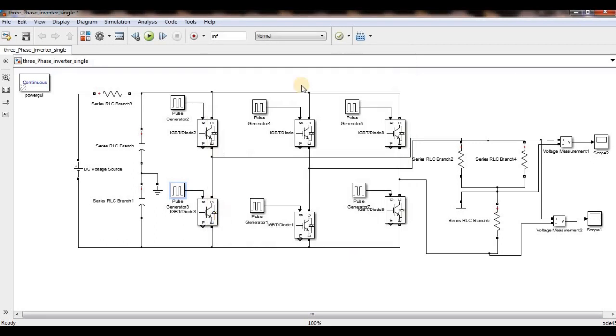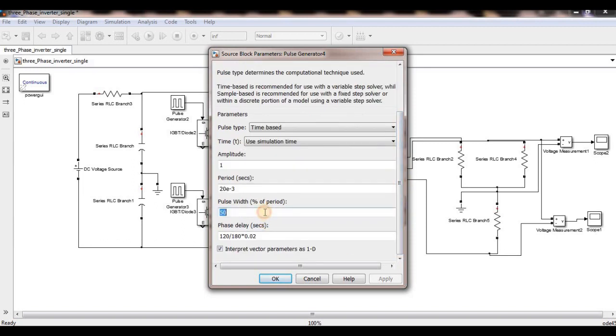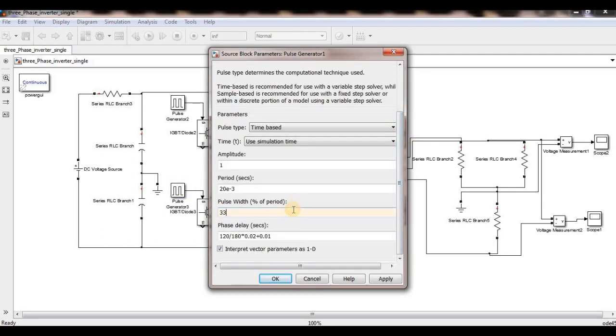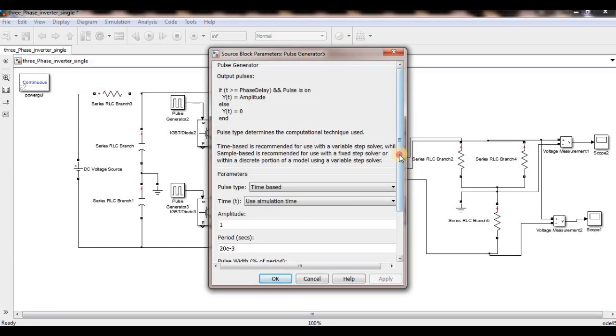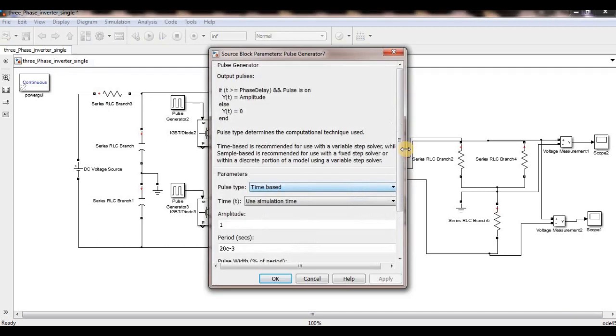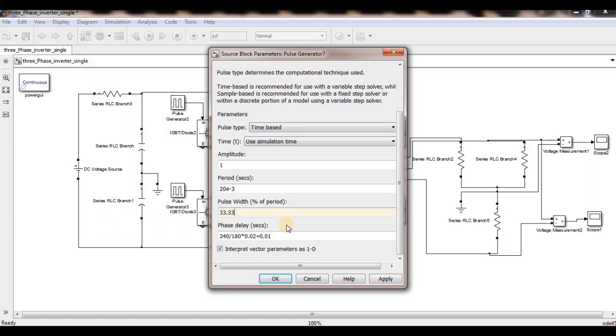I have to add it for each pulse generator, so this is also 33.33 plus 0.00167, and the same for the rest.